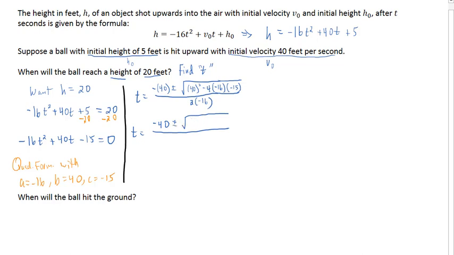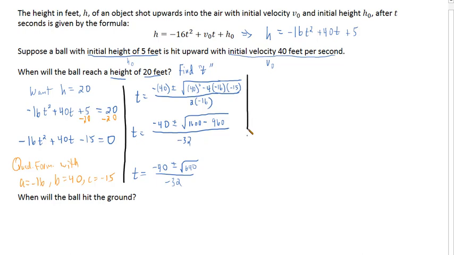I'm using a calculator here in the background. 40 squared is 1600, minus, I see three negatives here, so it's going to end up being minus 4 times 16 times 15, which is 960. And 2 times negative 16 is negative 32. So then t is equal to negative 40 plus or minus, and 1600 minus 960 is 640, so plus or minus the square root of 640 over negative 32.